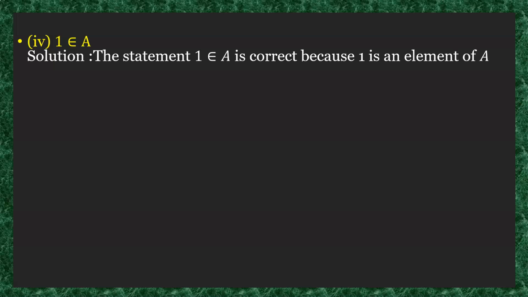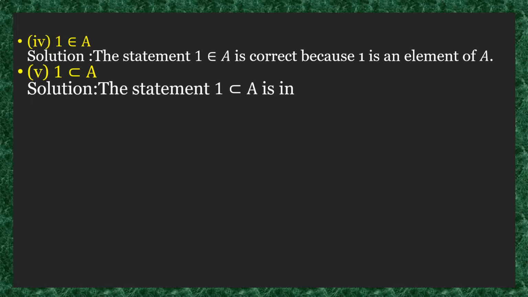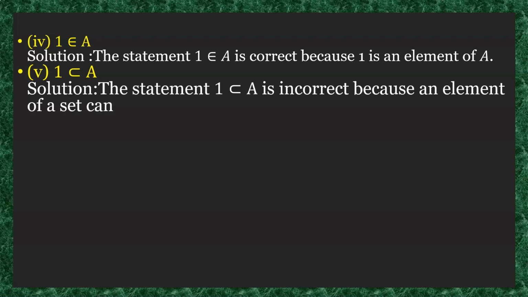1 belongs to A. This statement, 1 belongs to A, is correct because 1 is an element of A. {1} is a subset of A, but 1 is a subset of A is not. It's incorrect because an element of a set can never be a subset of itself.